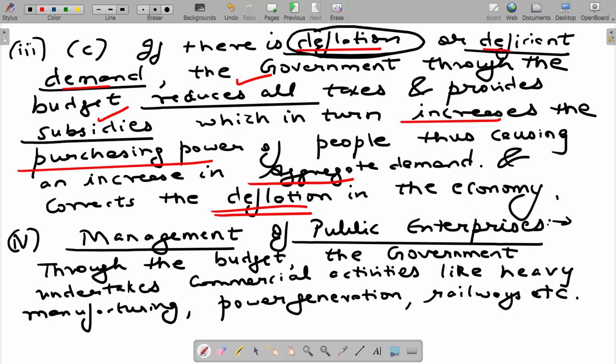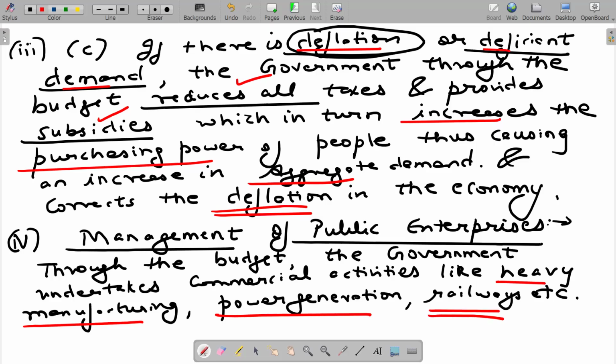So the government needs to decide how much budget should be allocated to the heavy manufacturing sector, like iron and steel, etc. How much budget should be allocated to power generation? How much budget should be allocated to the railways?